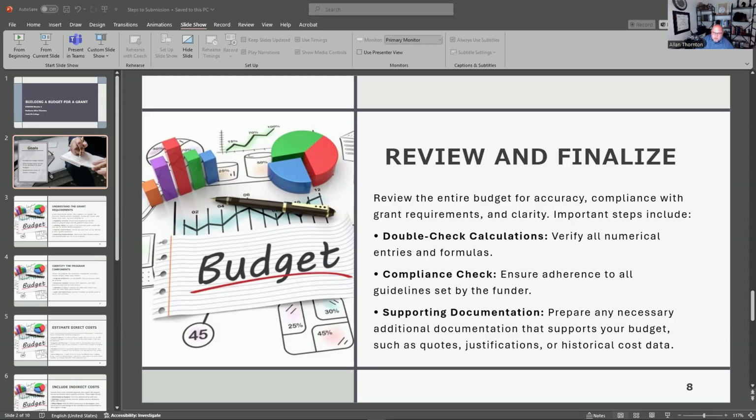Justify why you're spending that way. If you've done this kind of thing before, show historical data that you have on the cost. If you haven't and you know someone who has, once again, get some historical data. Programs in our area that have done similar projects have spent X amount of dollars on this, this, and this. So show why you have that.